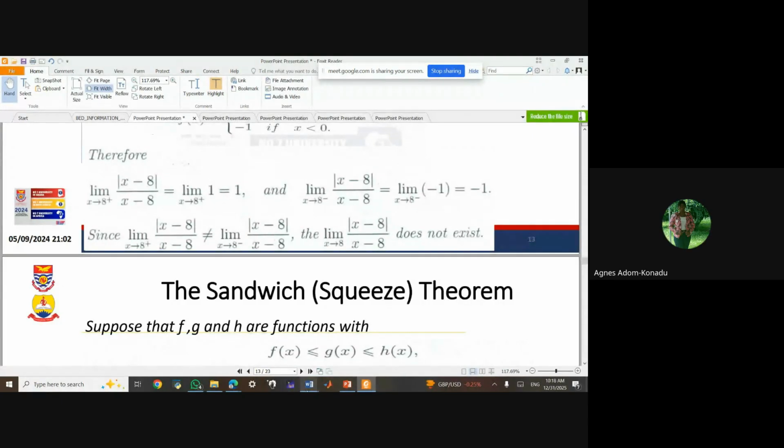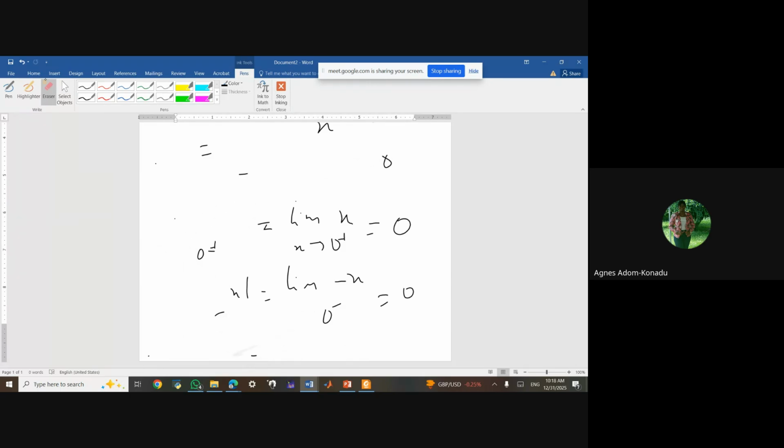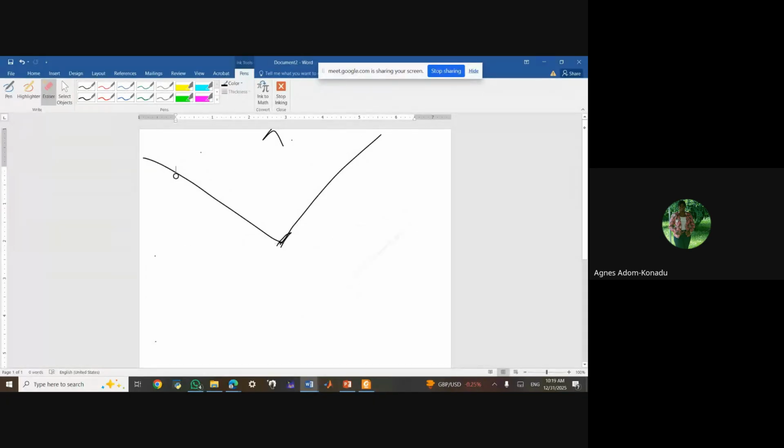So let me use my example, the 0 example. I want to find the limit as x approaches 0 of this absolute value function.